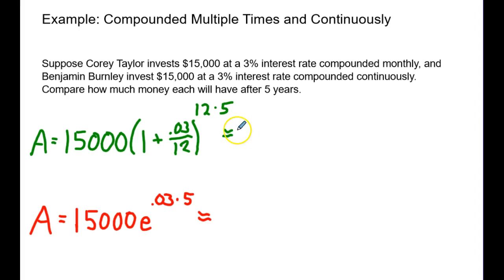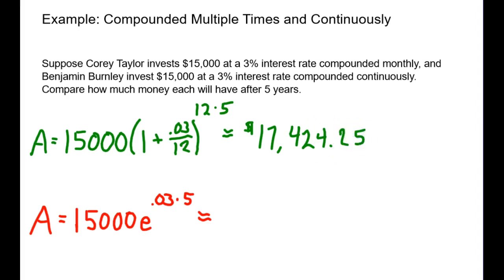For the first one, compounded monthly, that's why in our formula we're dividing by 12, and we have 12 in the numerator of our exponent. That's our K value, how many times it's being compounded per year. For that, you would get approximately $17,424.25.